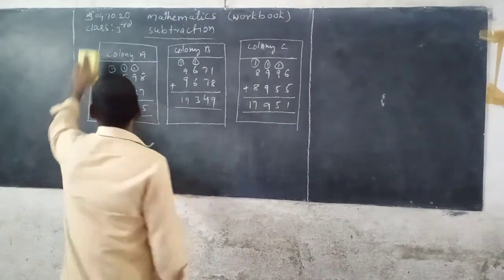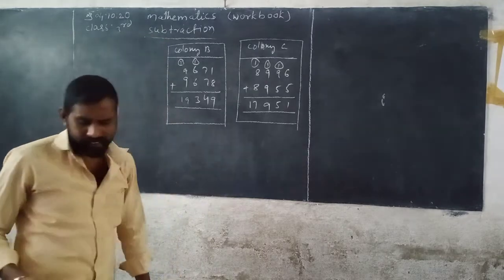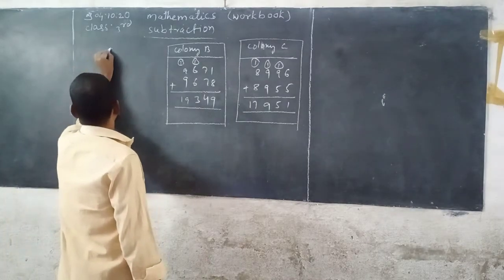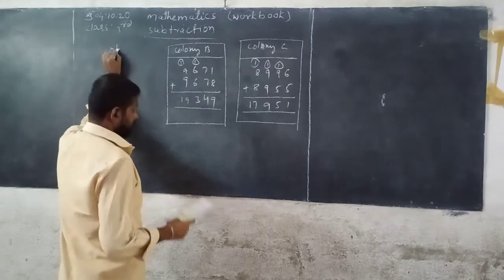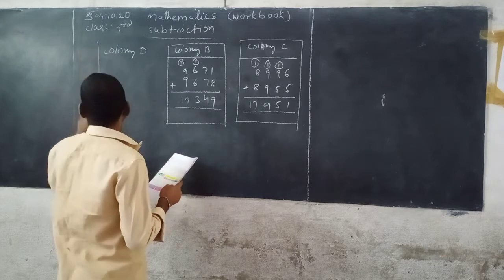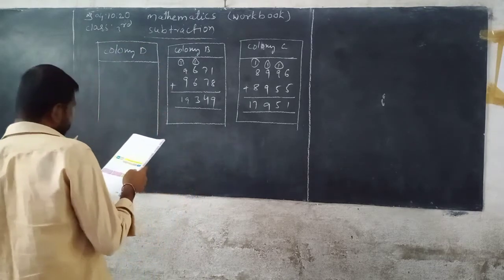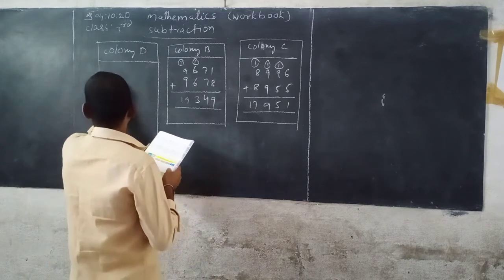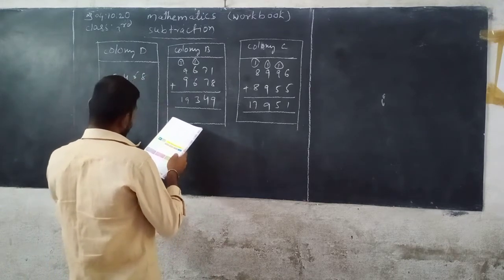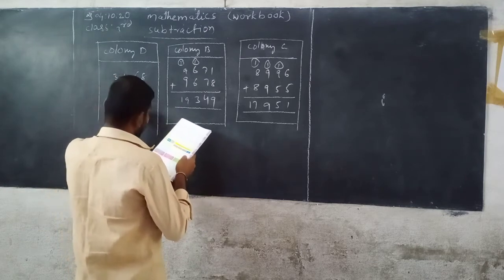Now next one, colony D. Write down everybody. See, in colony D, number of men 3,468, number of women 3,646.